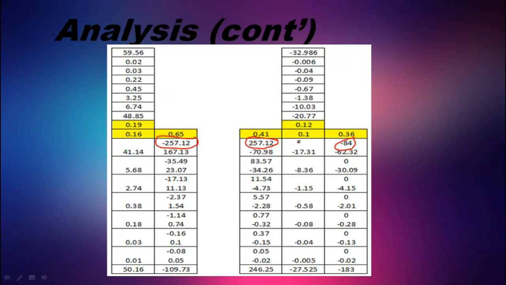For instance, at joint B, there are 2 values of fixed end moment, which is 257.12 as well as negative 84. To find the actual moment at this joint, we'll have to add these 2 values together. So it'll be 257.12 plus the negative 84. That value that we calculated, which will be a positive, we'll have to change its notation.